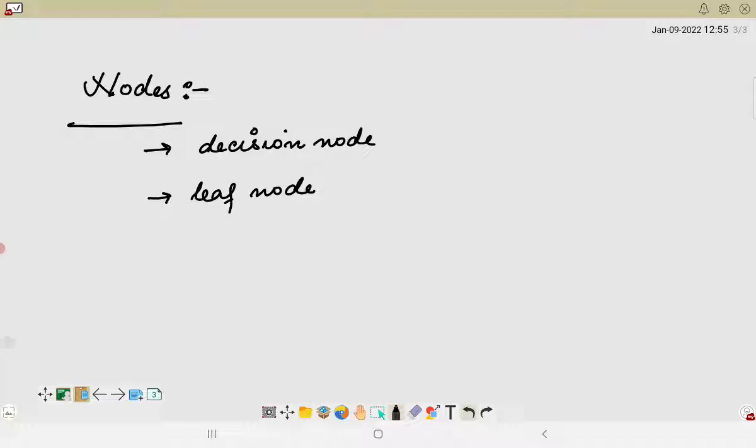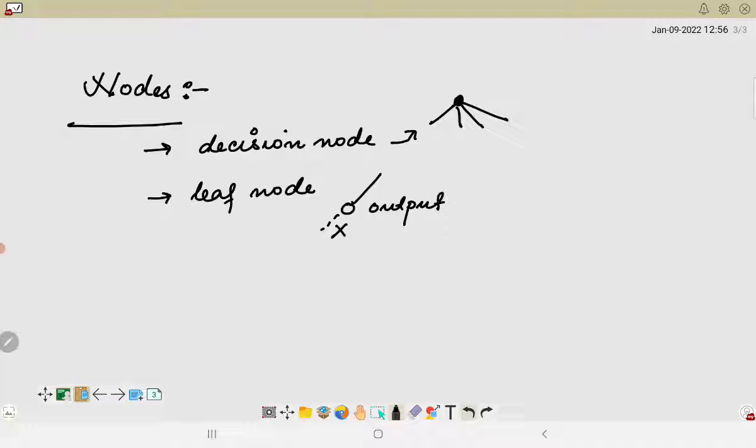Decision nodes are used to make decisions and have multiple branches. So from a particular decision node we can have multiple branches, whereas in our leaf node we will have the output of those decisions which we have taken in the decision node, and they will not have any further branches associated with them.